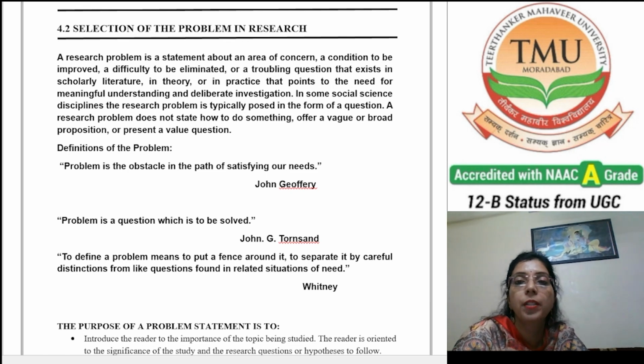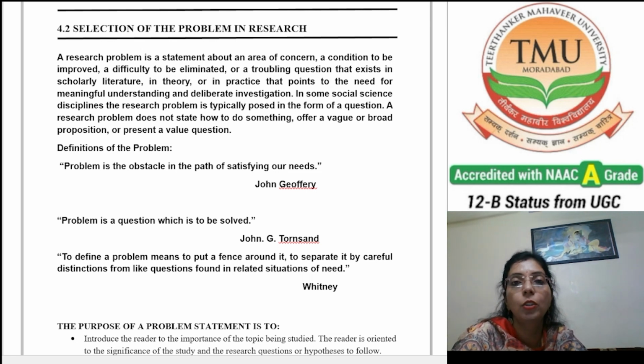Research problem: selection of the problem, defining the problem, and statement of the problem. The process of research can be implemented as a series of actions or steps that are essential to be performed in a specific order.